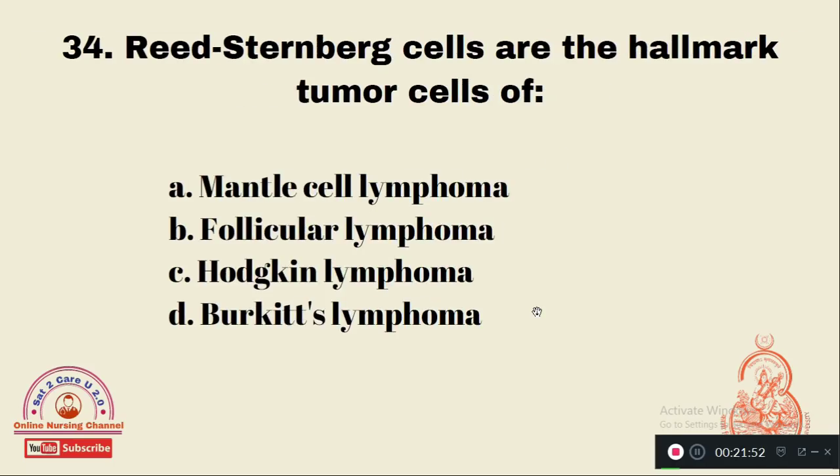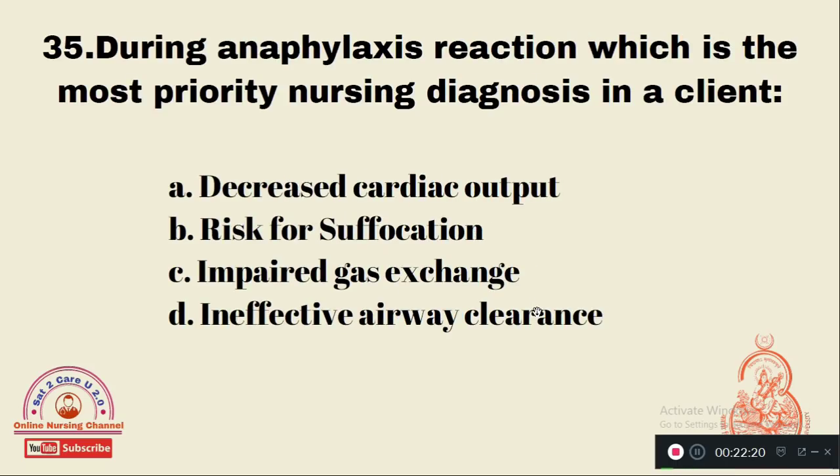Question number 34. Reed-Sternberg cells are the hallmark tumor cells of A, mantle cell lymphoma, B, follicular lymphoma, C, Hodgkin's lymphoma, option D, Burkitt's lymphoma. Reed-Sternberg cells are the hallmark tumor cells of option C, Hodgkin's lymphoma.